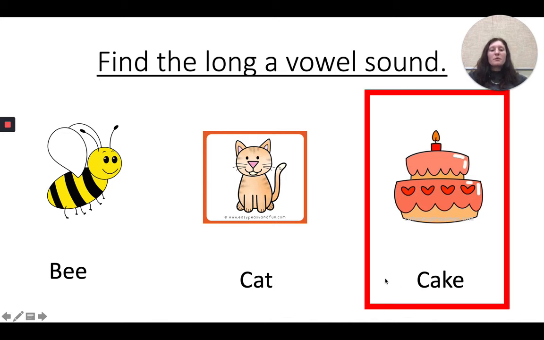So remember, we know it's going to be cake because, again, it ends with the E. And we know that when it ends with E, the E is going to be silent. We don't hear it when we say the word. And because of that, then it makes the vowel that we see in the middle of the word a long vowel A sound.